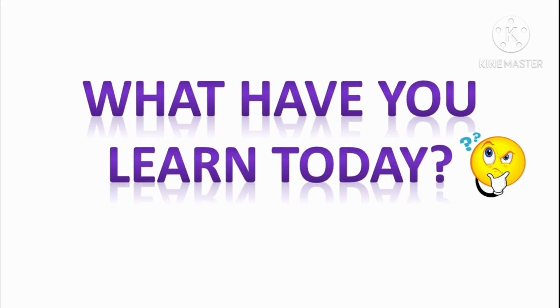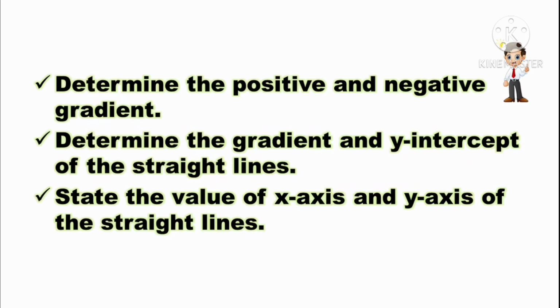So class, what have you learned for today? It seems like quite easy, right? Because it only relates to the straight line, the equation, the linear and the nonlinear. You have to identify it just now. The gradient, the y-intercepts, and you will be able to determine the positive and negative gradient, where the positive gradient shows that the line will be drawn upwards, right?